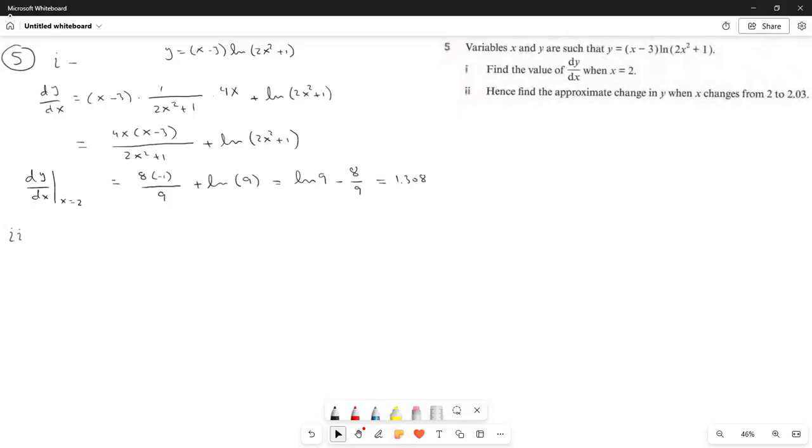Okay, now the second part says that we need to find the approximate change in y when x changes from 2 to 2.03. So basically we want to find the approximate change in y. So this is dy by dx into delta x. I will explain why we are using this. Now dy by dx at x equal to 2 was, if I write the numerical value, 1.308 multiplied by delta x.